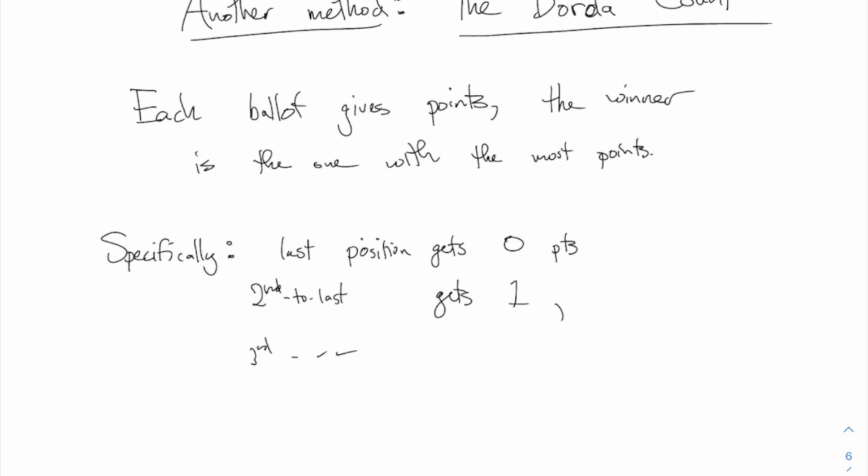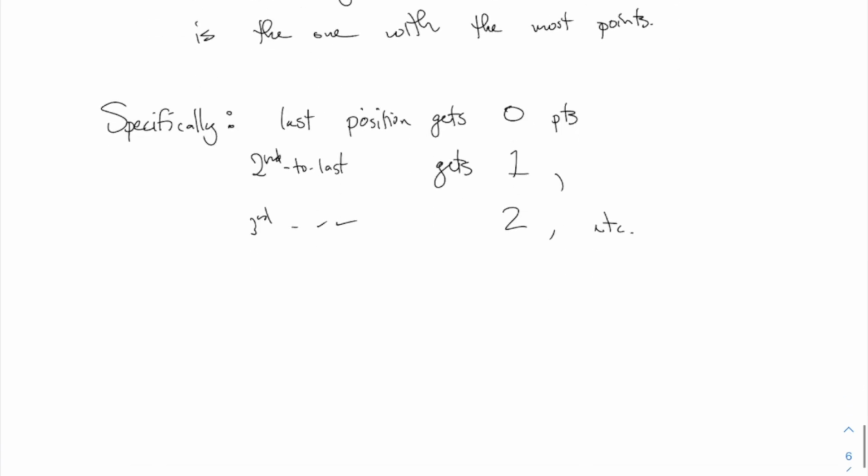And then the third to last gets 2, etc. The top position, therefore, if there are n options or n candidates, the top choice gets n minus 1 points.